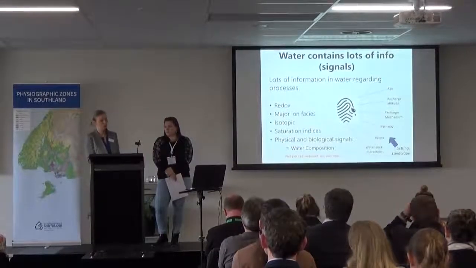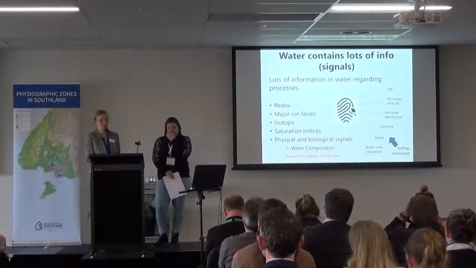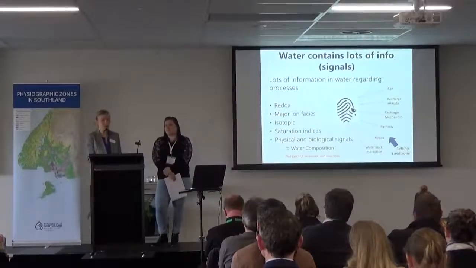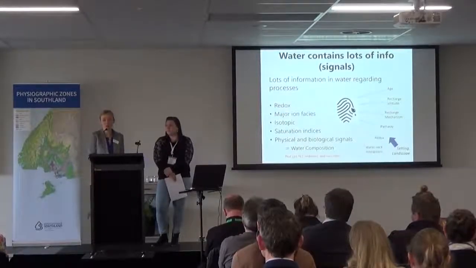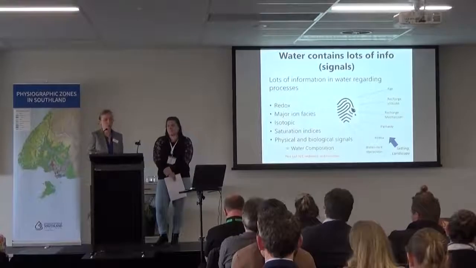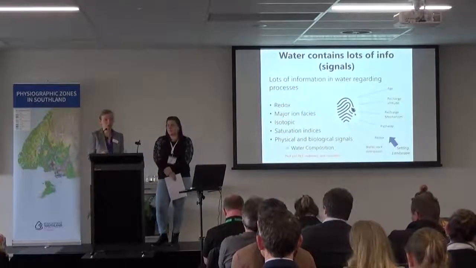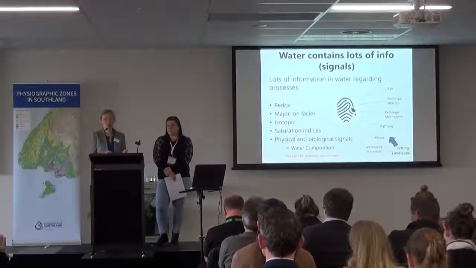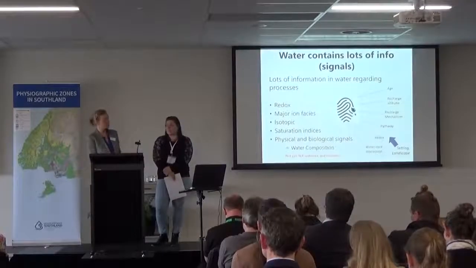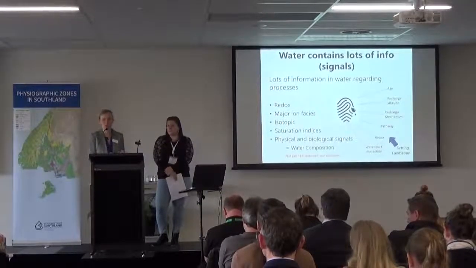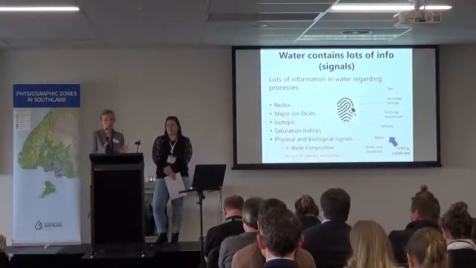And all of these sources and pathways are actually driven by your landscape or setting. That might include soil permeability or topography. So these are the things we actually have maps for. So if you then link those landscapes with the processes and sources, you can actually map these sources and processes.